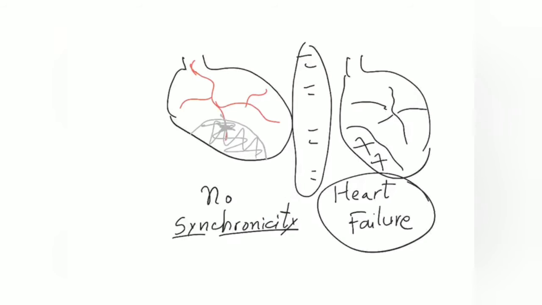So once you start having this heart failure over here, this is where the heart eventually starts going through phases of less pumping, less force because the muscles are dead.